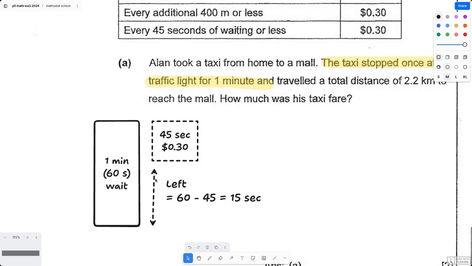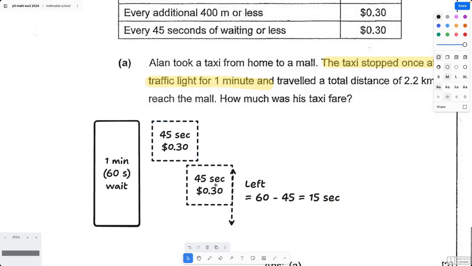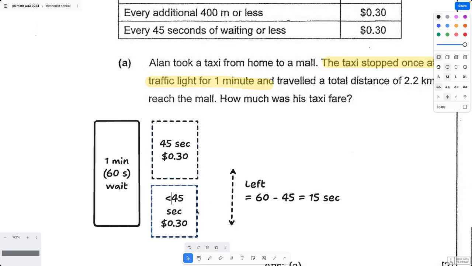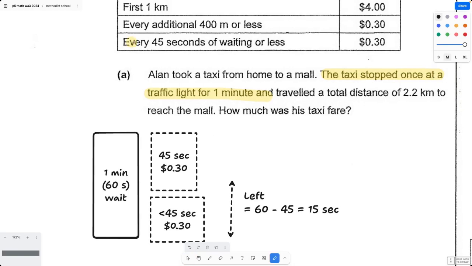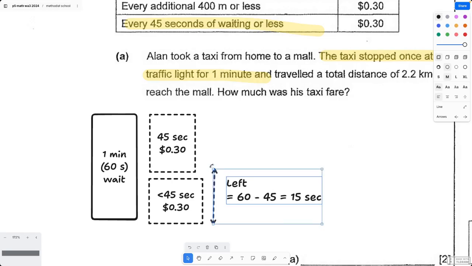So that means we actually need to add another block of 45 seconds waiting or less. Sadly, that is how we are being charged in the real world. So we need to have two blocks of this 45 seconds or less over here. Let me just put left over here.